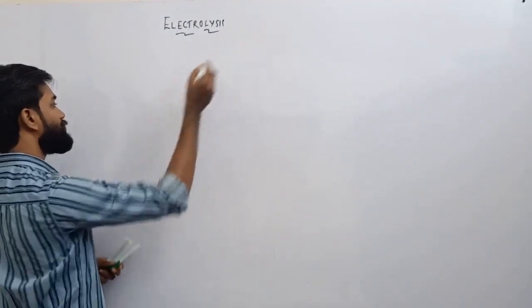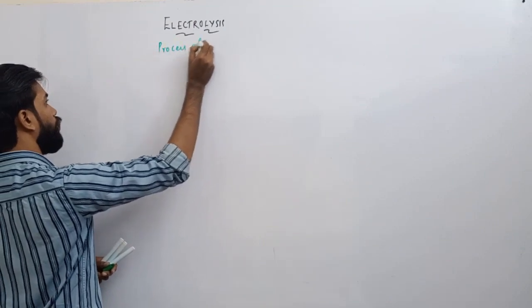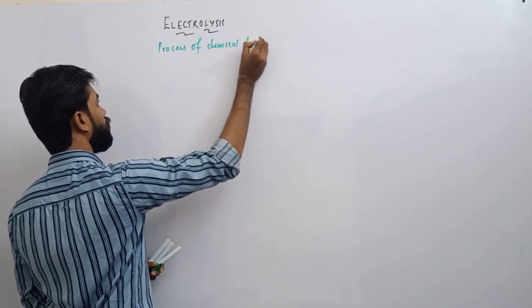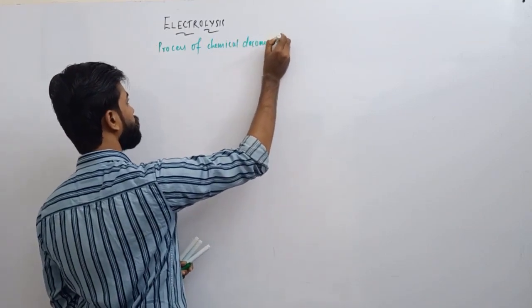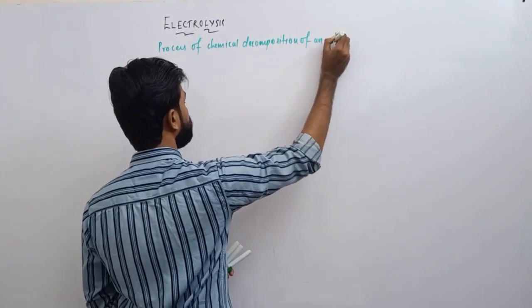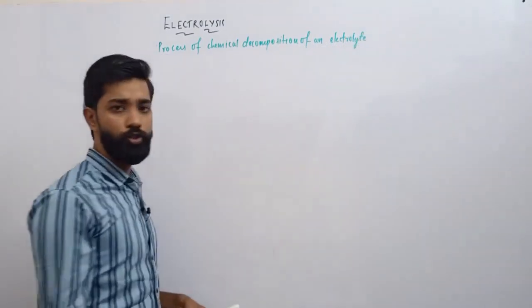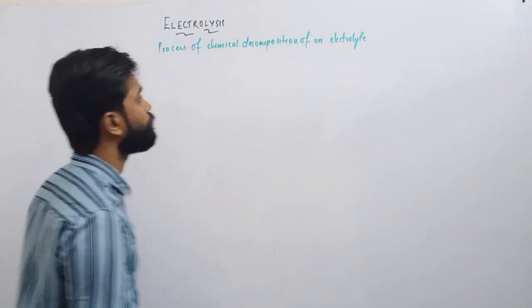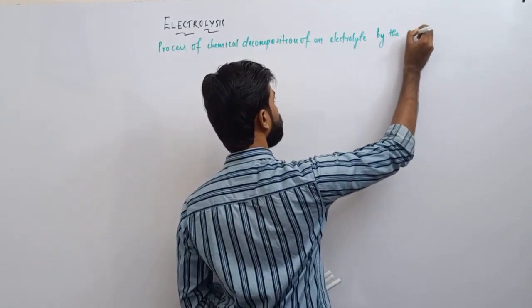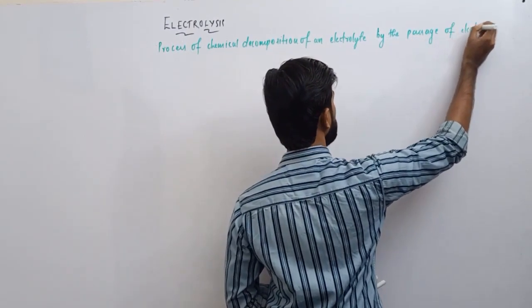So, electrolysis is the process of chemical decomposition of an electrolyte by the passage of electricity.